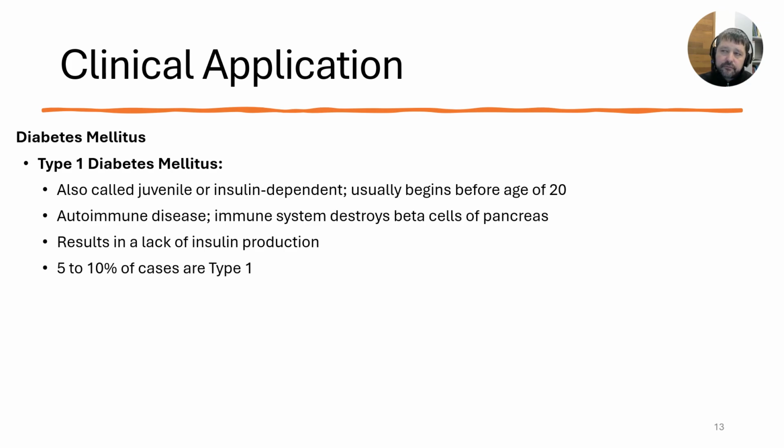Okay? And for the most part, when we say 30 to 40% of people in the United States are going to develop diabetes, we're not talking about type 1 diabetes. This is genetically controlled, and it's part of your immune system.